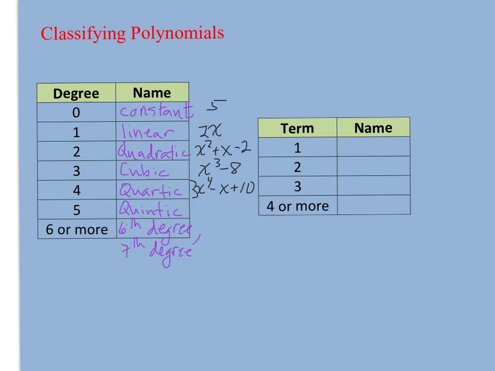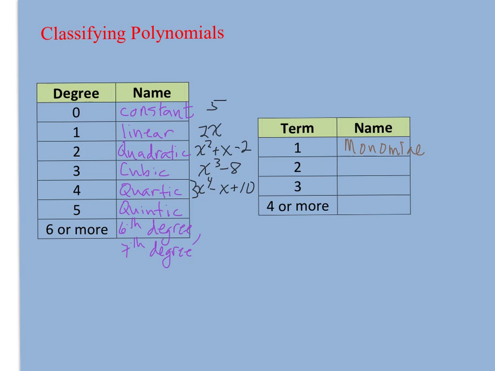So how do we classify a polynomial based upon its terms? What we just did was classify a polynomial based upon its degree. But based upon the terms, if you would have one term, it is considered a monomial. And so that's what we started the lesson off with.